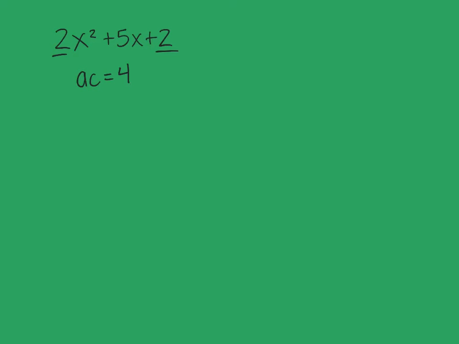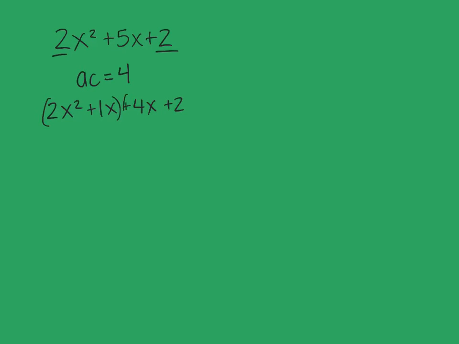So I'll start off with 1 times 4, that equals 4. Now I'm going to check 1 plus 4, does that equal 5? Yes, it does. So I know that the 2 numbers I'm going to use are 1 and 4. So I'm going to rewrite it now, but instead of 5x, I'm going to put 1x plus 4x.